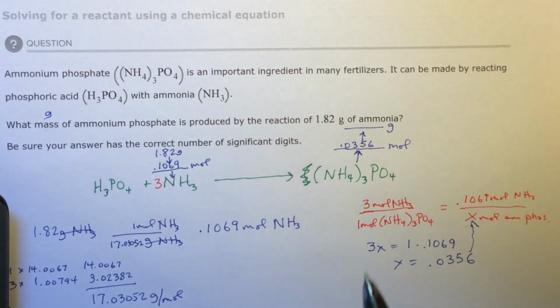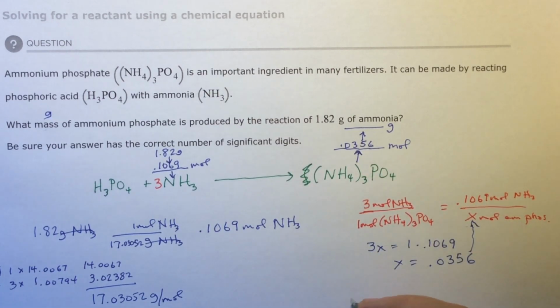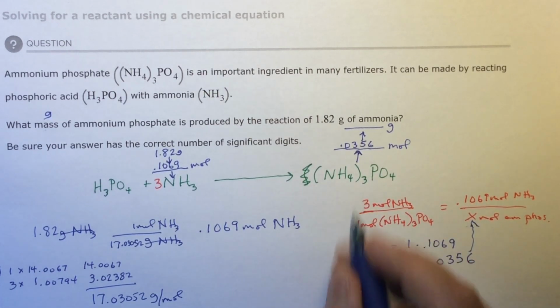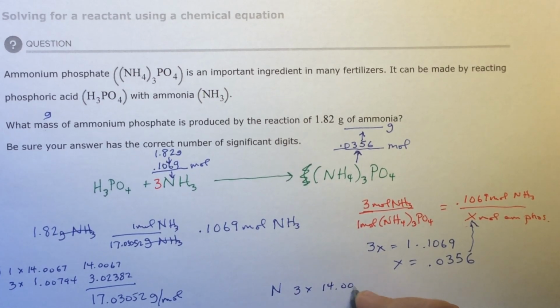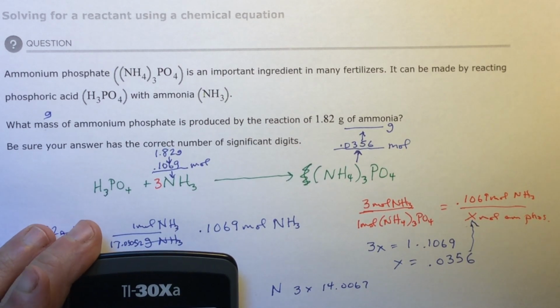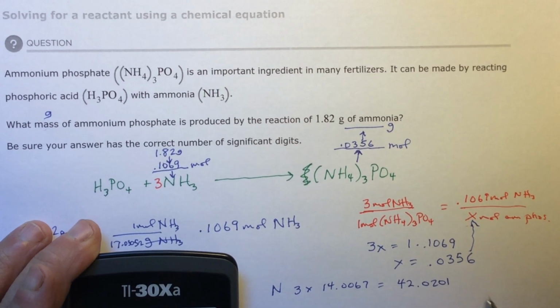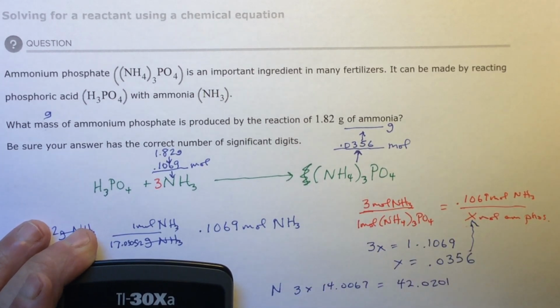I need to go through the periodic table just like I did here, but I have to do it not for ammonia, I now have to do it for ammonium phosphate. So what is ammonium phosphate? Ammonium phosphate is 3, so with nitrogen, I have 3 times 14.0067 equals 42.0201. Okay. I need 12 hydrogens.